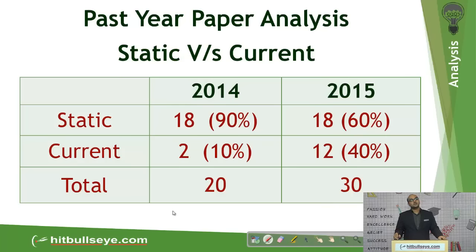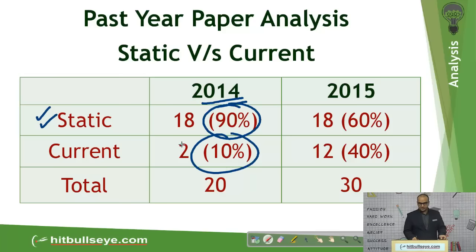Moving on to the analysis part of this video presentation. As far as XAT 2014 is concerned, we saw almost 90% of the questions being asked from the static GK part, that is the areas in general knowledge or general awareness which do not change over time. So only 10% of the questions were in fact from current affairs in 2014.